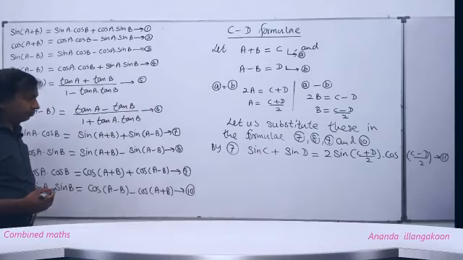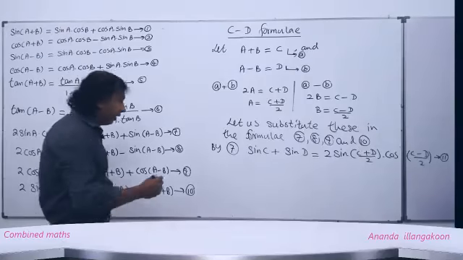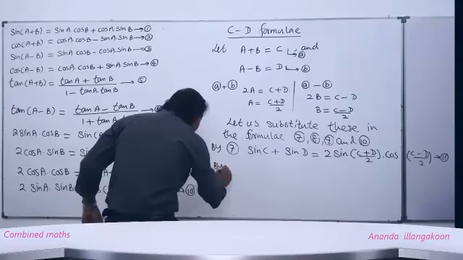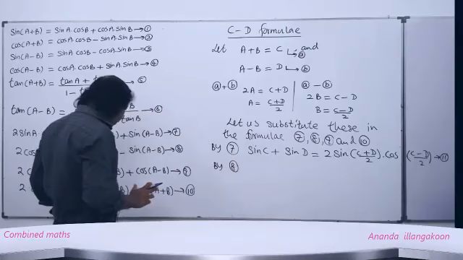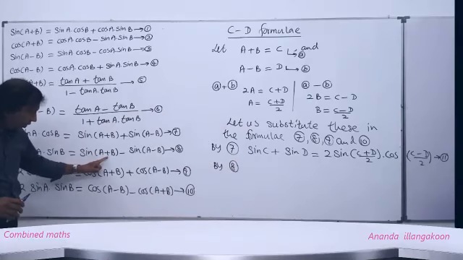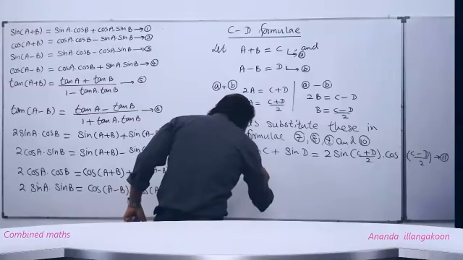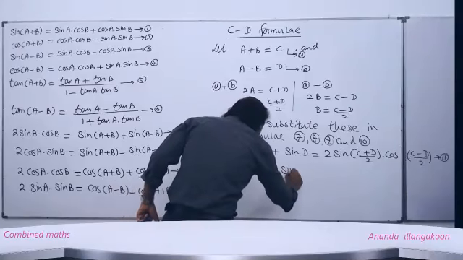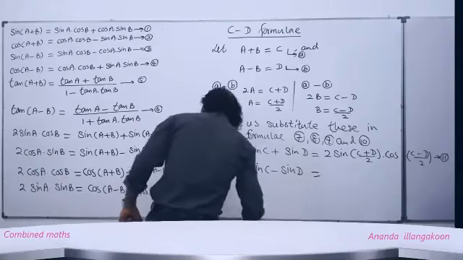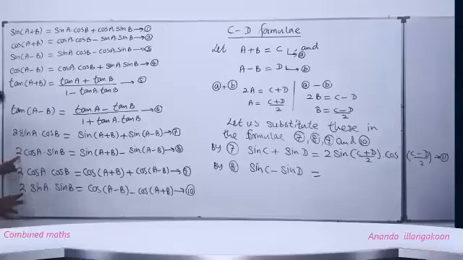Right. By 8, people take. By 8, what do you get? Sin C minus sin D coming, no? Sin C minus sin D equals what, people? 2 cos, what is A? C plus D by 2, B is C minus D by 2.